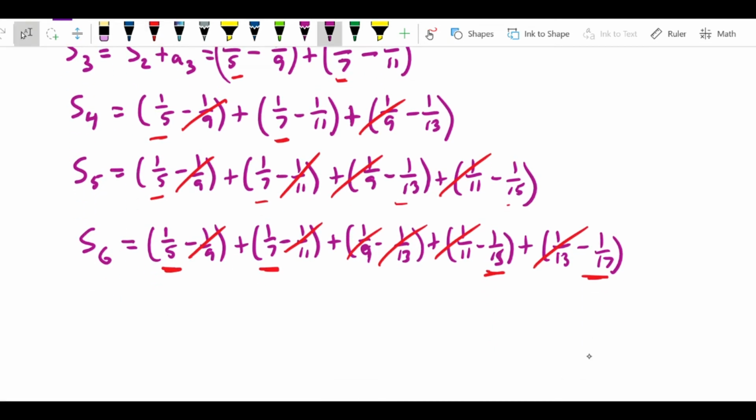If I write out the Sn term, what we can see is that we're always going to have 1/5 and 1/7. The question is, what do we have to subtract here? In S4, we had to subtract 1/11 and 1/13. In S5, we subtract 1/13 and 1/15. In S6, it was 1/15 and 1/17.